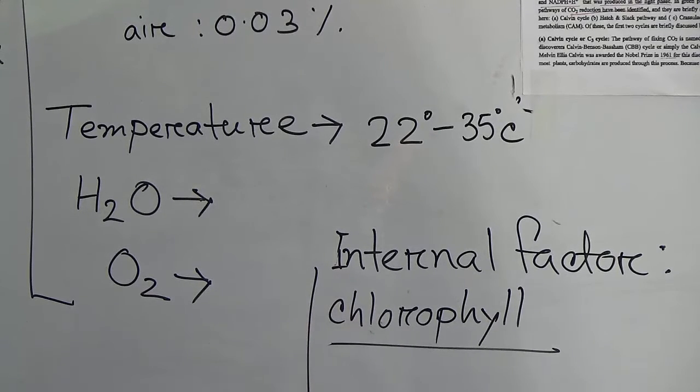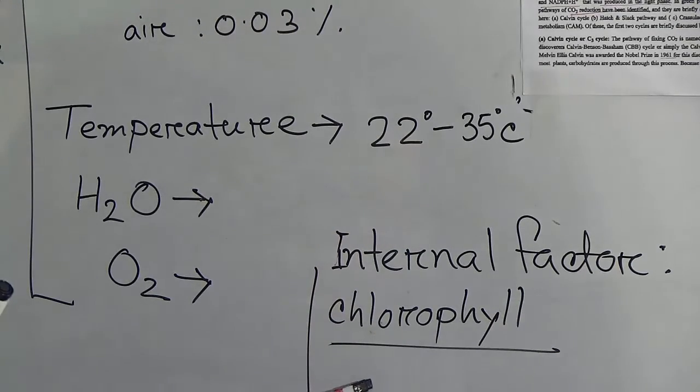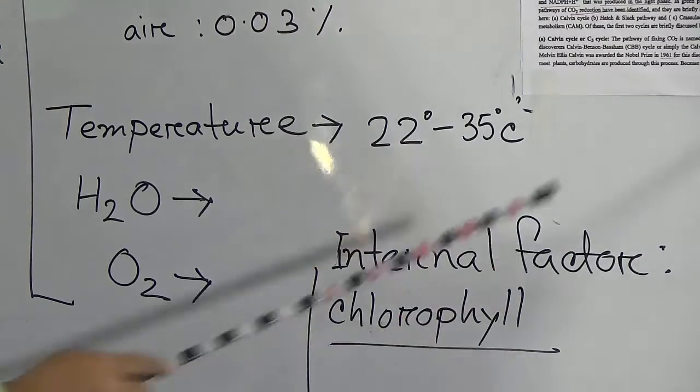And along with the age of the leaf, the amount of leaf is also required for an adequate amount of photosynthesis.